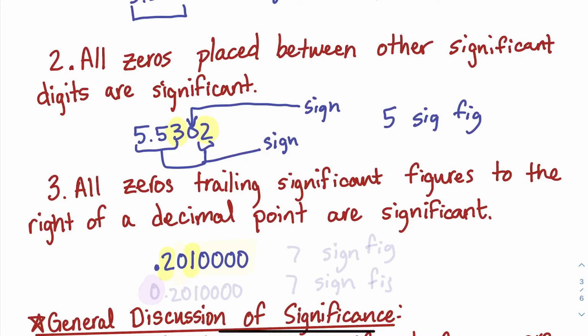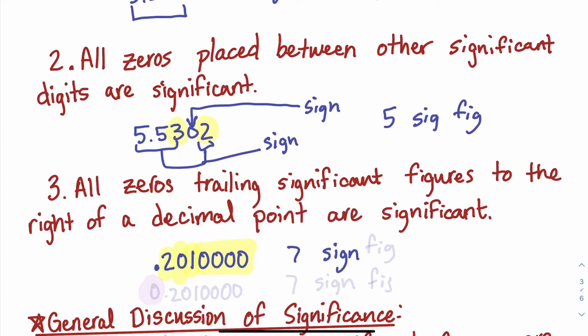And then we have a 0 in between them, as we talked about in Rule 2. So we have 3 significant figures off the bat. However, we know that we have 4 zeros that are after a decimal point and that trail the non-zeros, and therefore we have 7 significant figures. Every single one of these digits are significant.